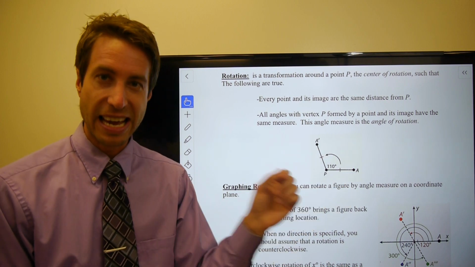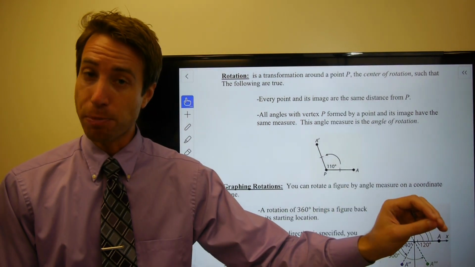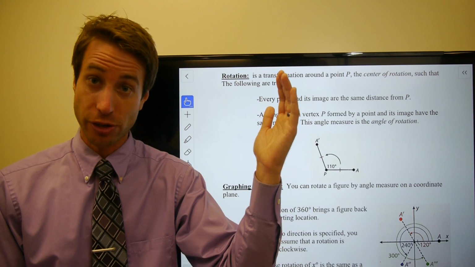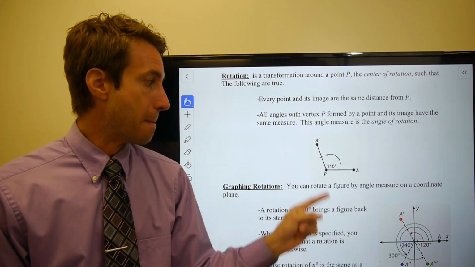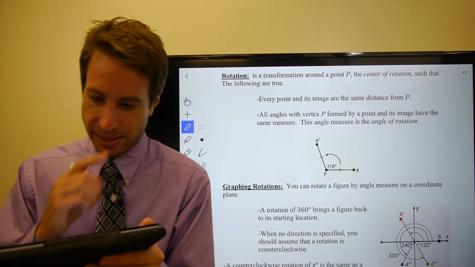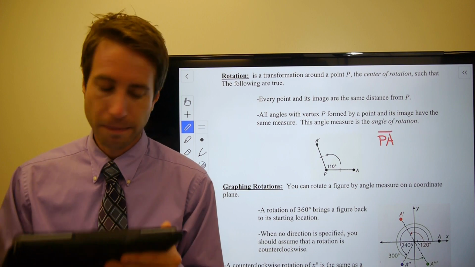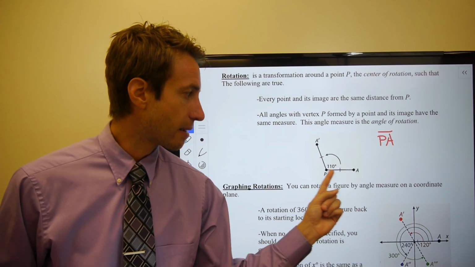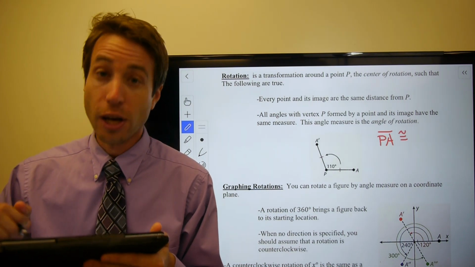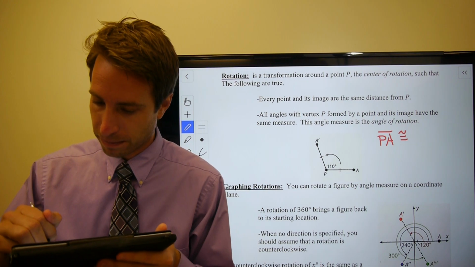Here's my point P. Now, the way that a rotation works is that every point in the pre-image is rotated the exact same angle measure and maintains its distance, simply meaning this: the distance from P to A has to be congruent to the distance from P to A prime.